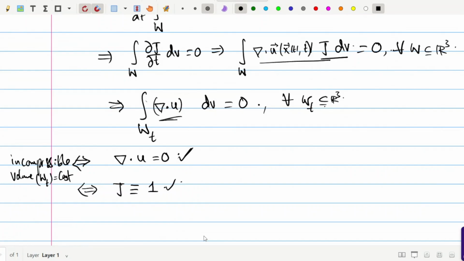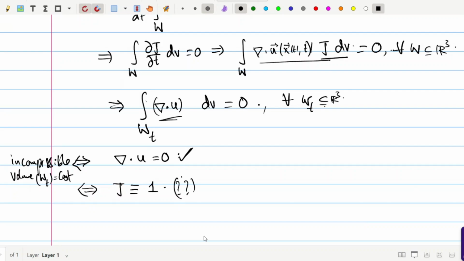How do you say that J has to be equal to 1? Hello. This is still a question. Yes, sir. How do you see that J is actually equal to 1? If you use your transportation theorem, d/dt of the integral over Wt of dV, that is anyway 0.